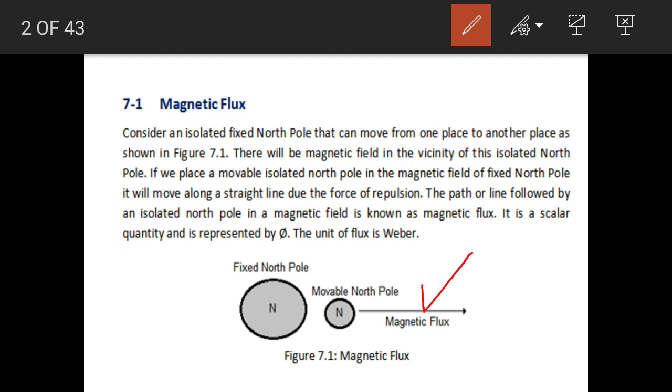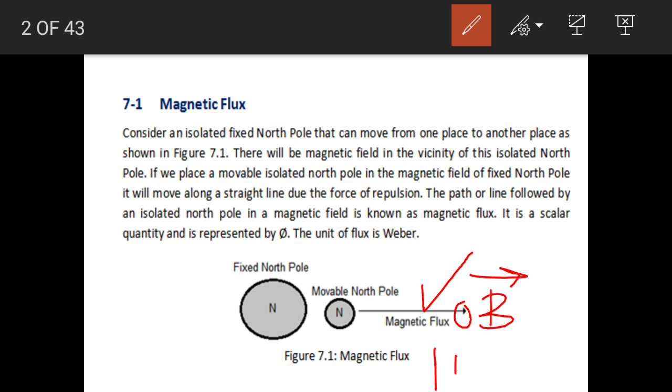As far as this arrow is concerned, this arrow gives you the direction of three vector quantities. We know that magnetic flux density is a vector quantity. This arrow gives you the direction of the magnetic flux density.